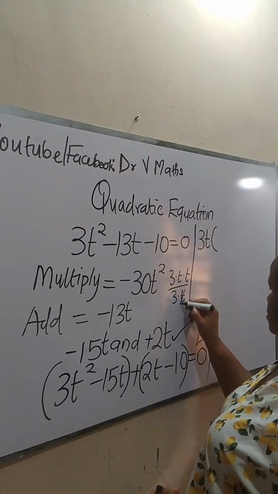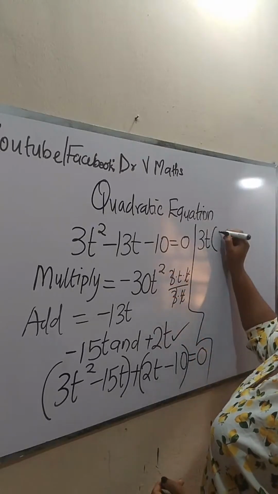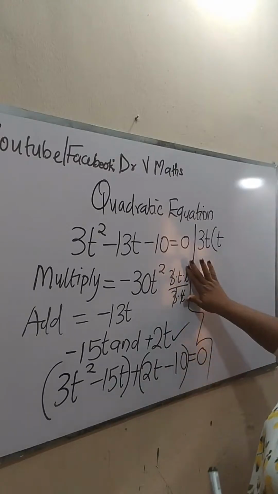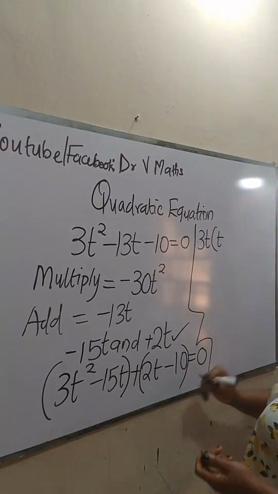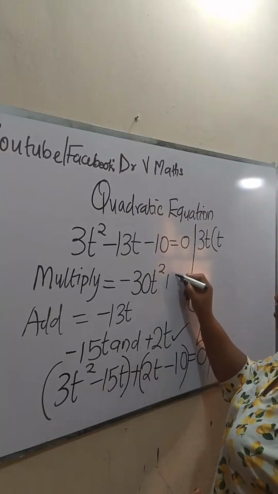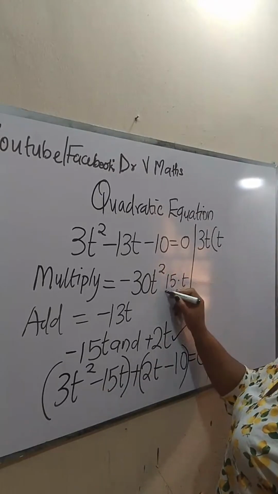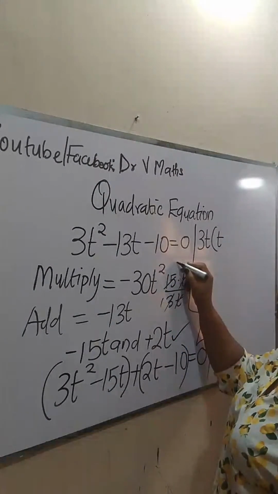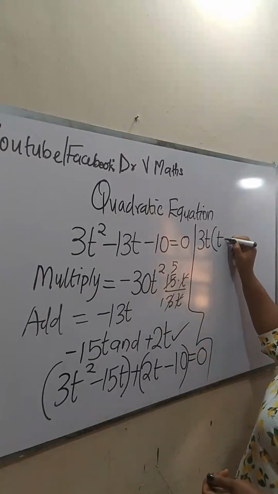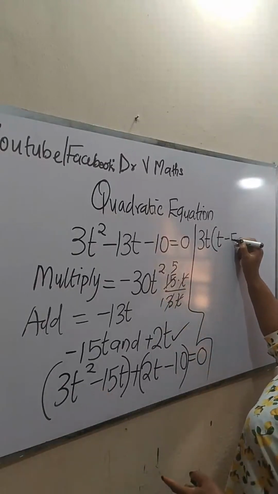This will cancel, this will cancel, and we have t remaining. Then 15 multiplied by t, divided by 3t: 3t will cancel itself, and 15 divided by 3 gives us 5. So we have minus 5.